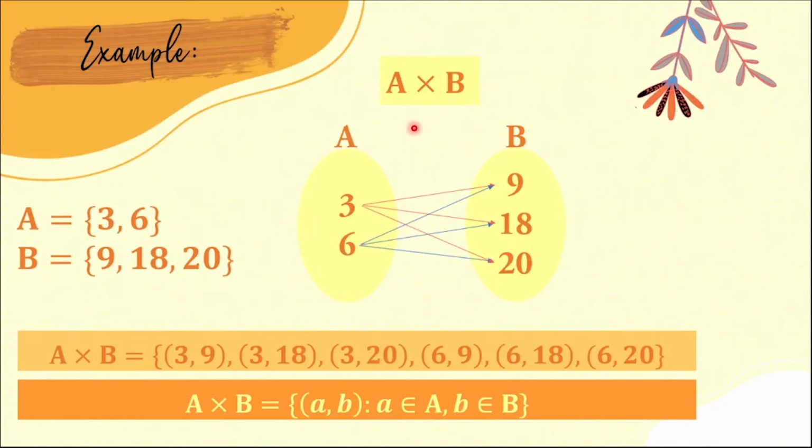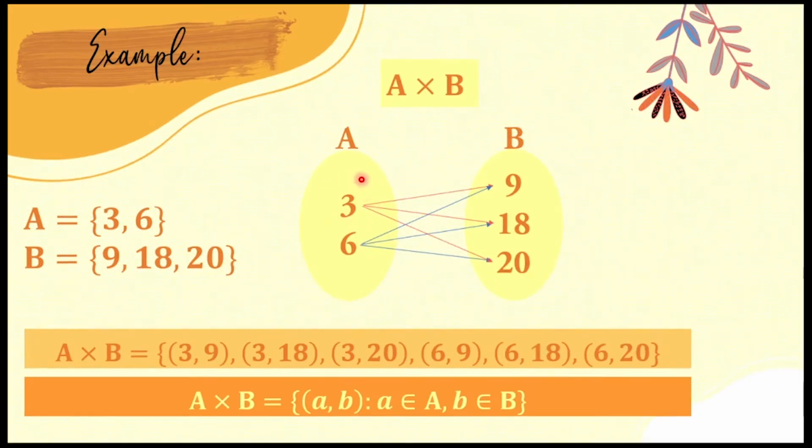Let's use an arrow diagram for the Cartesian product of set A and set B. So, A cross B is a set of the following ordered pairs. It's 3 paired with each of these 3, and then 6 paired with each of these 3. We get 6 ordered pairs of the form (a, b), where every a belongs to set A and every b belongs to set B.